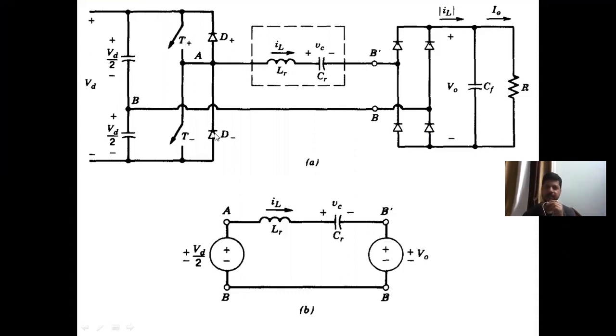If the diode D minus is conducting, then A is connected here, B is connected here, so VAB becomes equal to minus VD by 2. And VAB dash will be equal to minus VD by 2 minus V0.